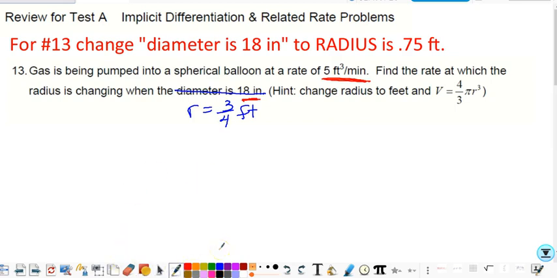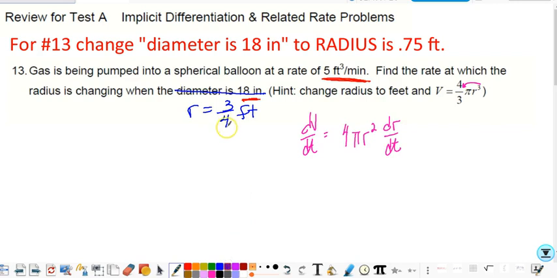So gas is being pumped into a spherical balloon. Here is the volume of a sphere. Let's find the derivative. So dV/dt is the power rule, 4 pi r squared dr/dt. So what do we have?